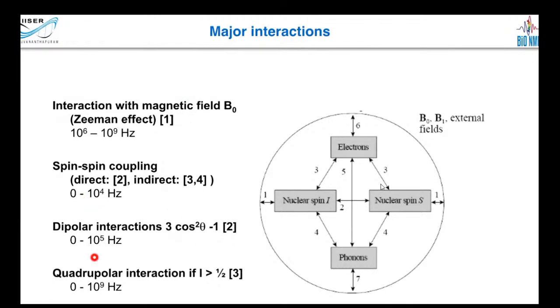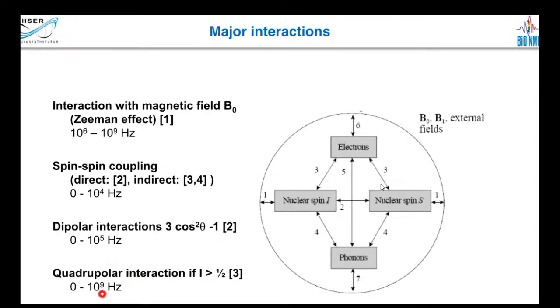Now dipolar couplings have this dependence 3 cos squared theta minus 1. And what is the interaction strength? It goes from 0 to 10 raised to 5 hertz. That is in kilohertz. Now, what is quadrupolar interaction on top of that? Chemical shift anisotropy is also in kilohertz. Quadrupolar interaction is what is huge.